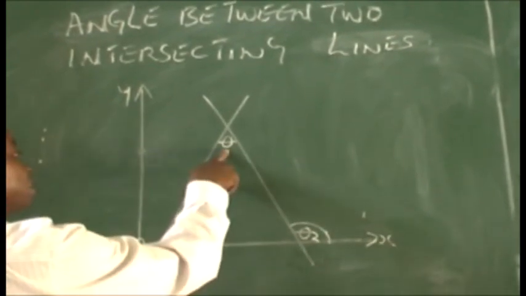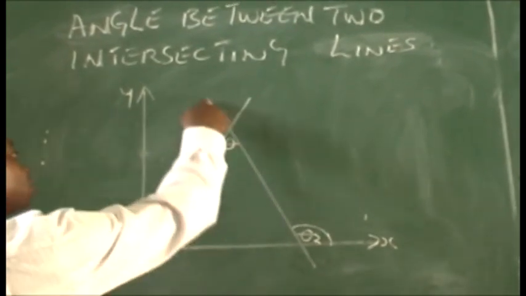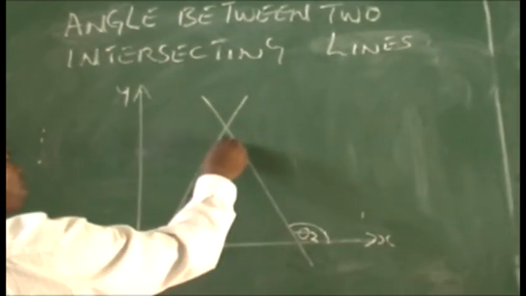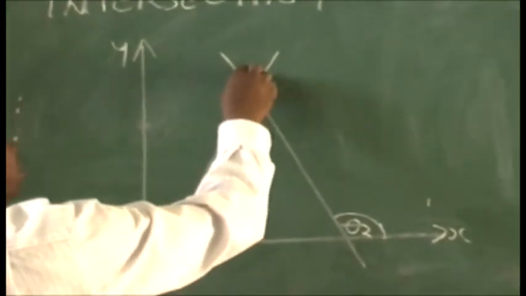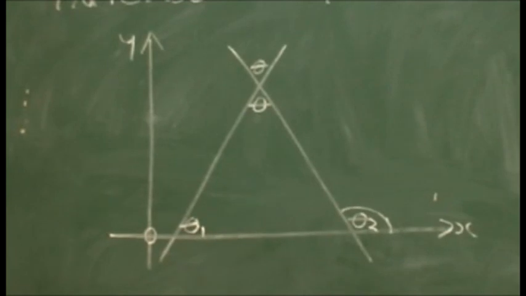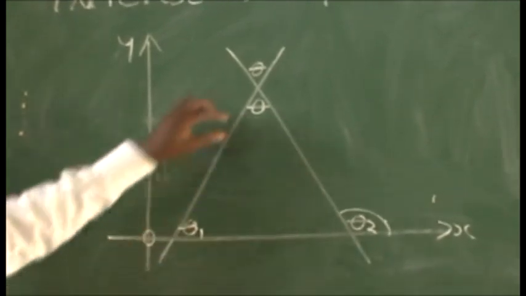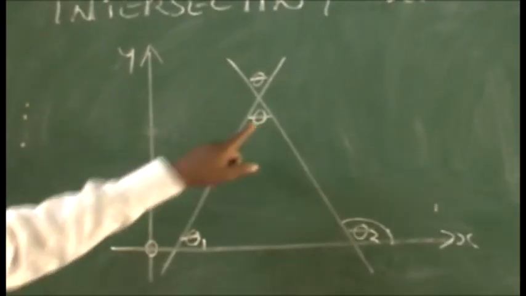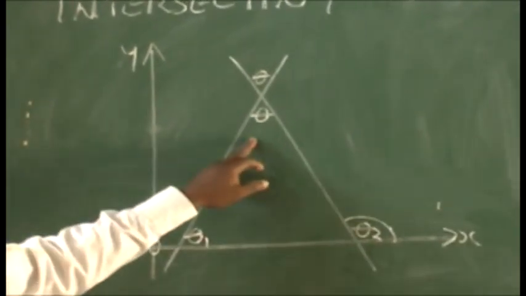If we are looking at the angle between two intersecting lines, don't forget that theta here, we also have theta here, they are equal. That is, two opposite angles. But we want to see how we can get this angle.